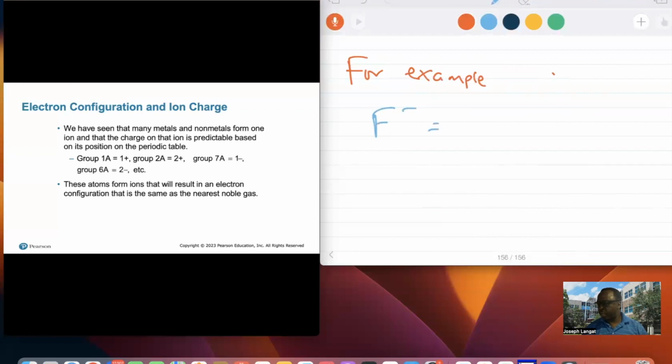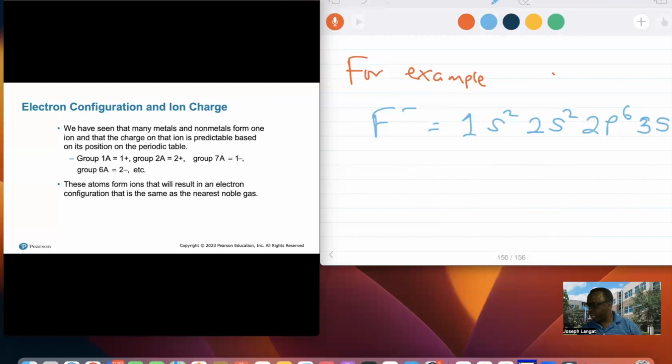fluoride electron configuration will be 1s2, 2s2, 2p6. So this is 1s2, 2s2, 2p6.